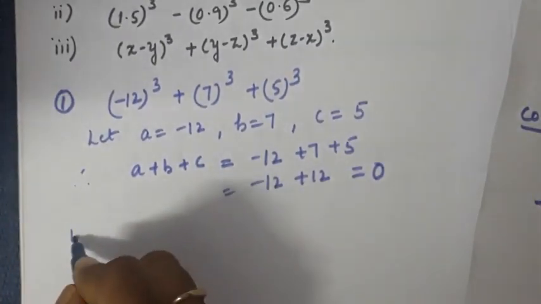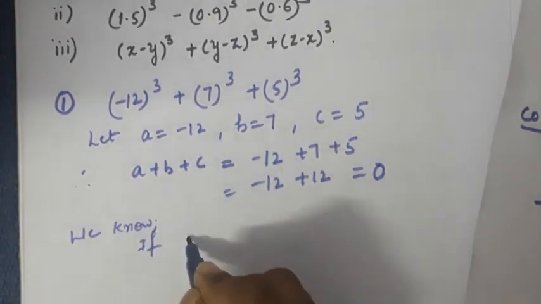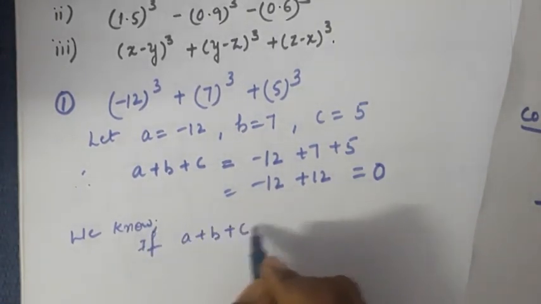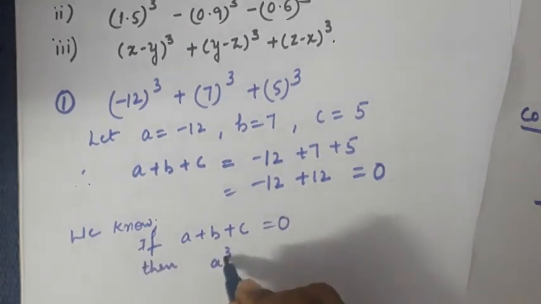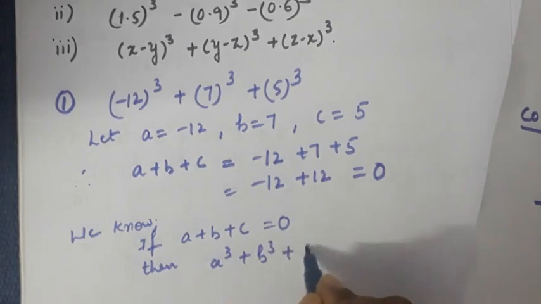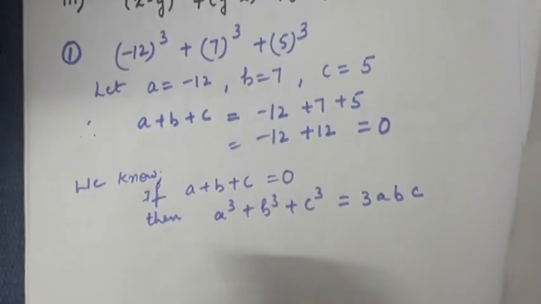And we know if a + b + c = 0, then a^3 + b^3 + c^3 = 3abc, right?